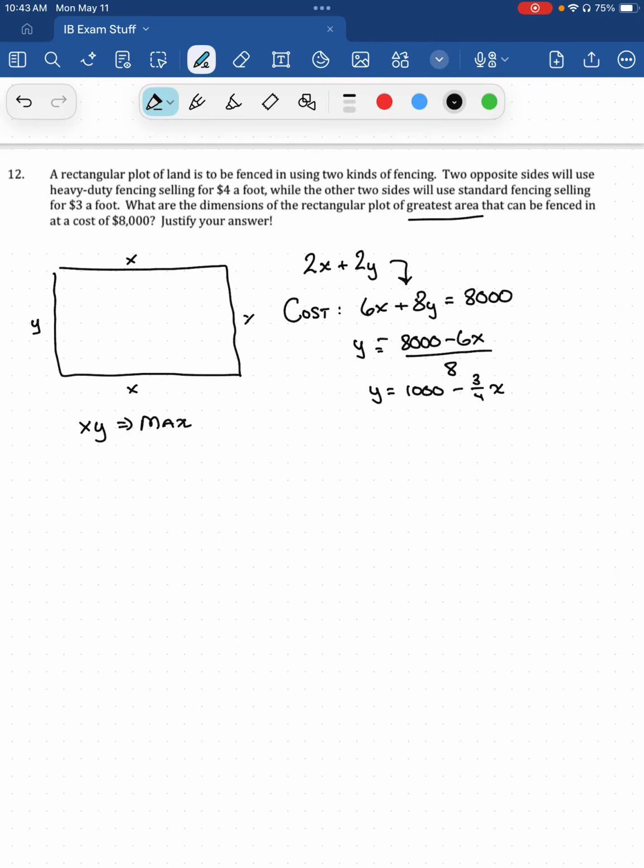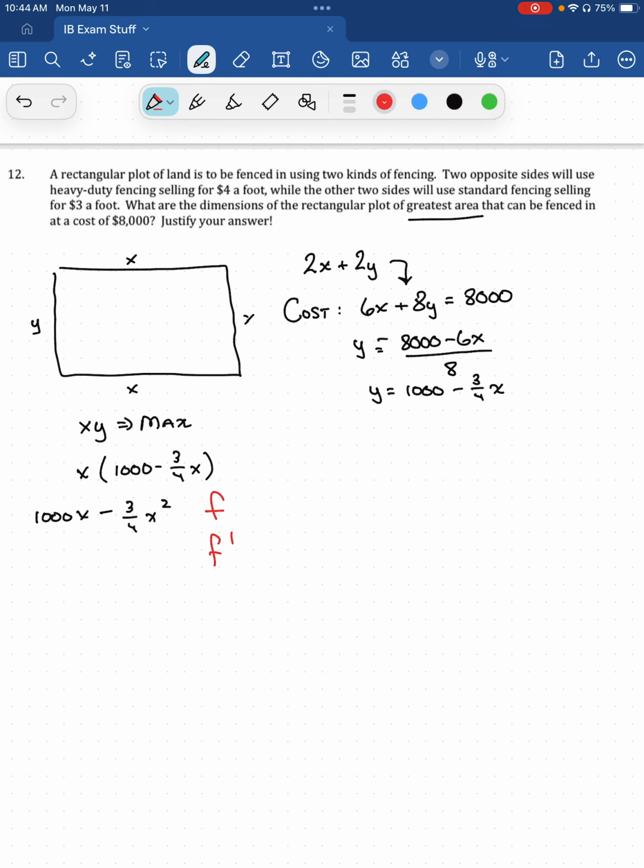If that's the case, then xy can be x times 1,000 minus 3/4 of x, or 1,000x minus 3/4 of x squared. And that can be my function.